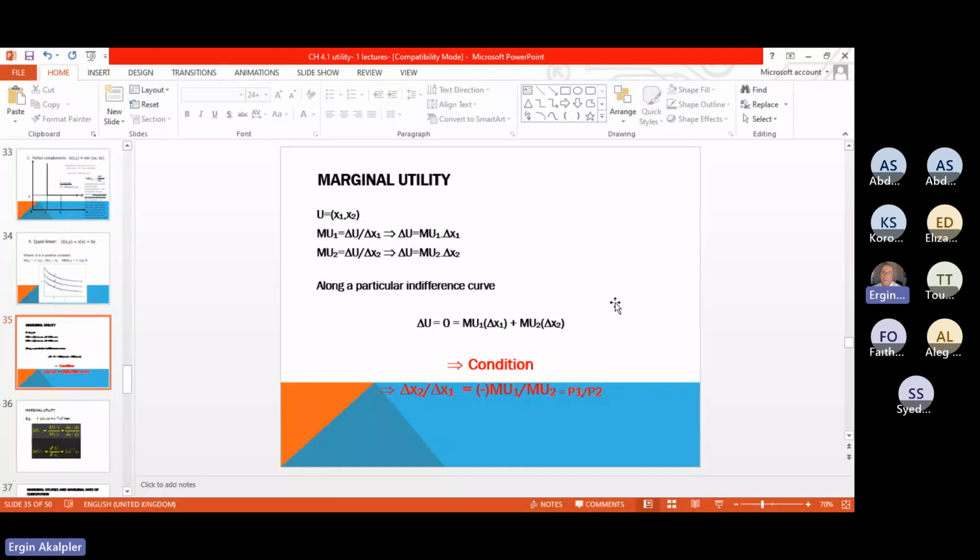Then you will get delta U as the marginal utility of 1 multiplied by delta X1, and delta U for the second is equal to the marginal utility of 2 multiplied by delta X2.